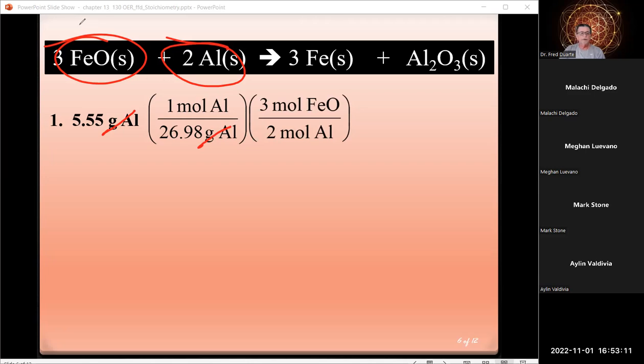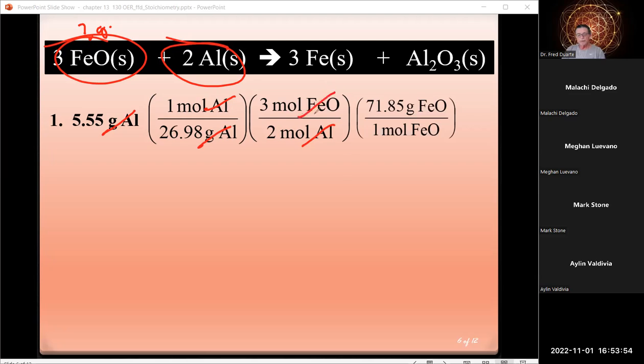Since we're looking for the number of moles of iron 3 oxide, obviously that goes in the numerator. If we were to stop the calculation right now, 5.55 grams of aluminum would tell you how many moles of iron 3 oxide you would produce. But you want to go one more step, because we don't weigh things out in moles, we weigh them out in grams. So we need to convert those moles of iron 3 oxide to grams, and we use the molar mass of iron 3 oxide.